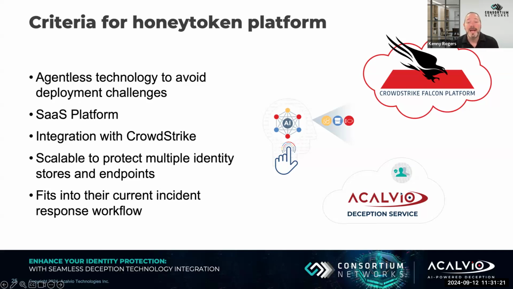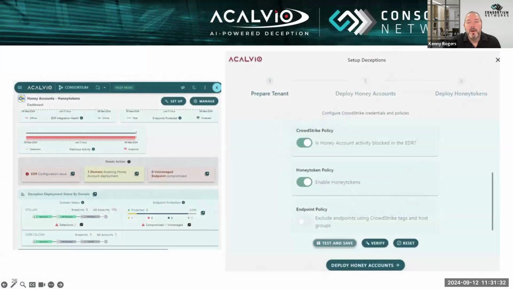The customer in this case was thrilled that they didn't have to change their existing incident response plan, along with the items I listed above. In this case, the customer is able to quickly configure and deploy Acalvio honey tokens in minutes to minimize the risks that we've been discussing about current identity threats.